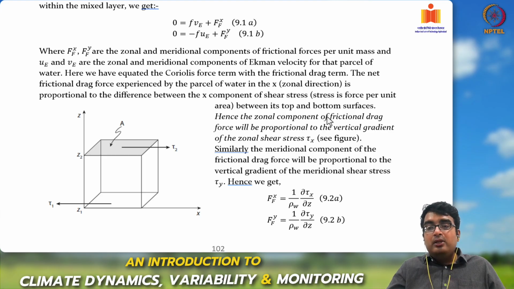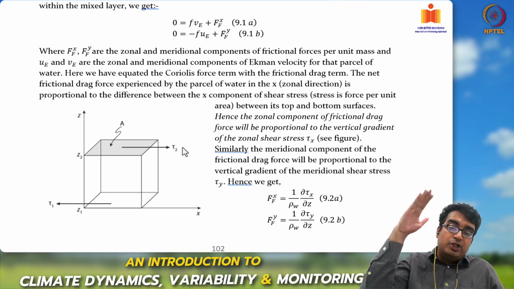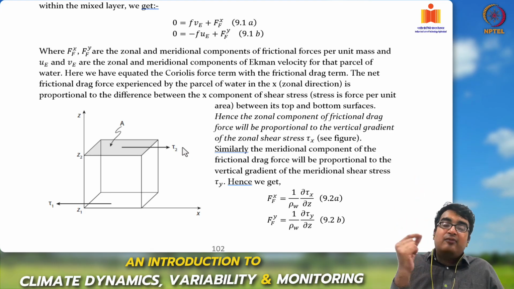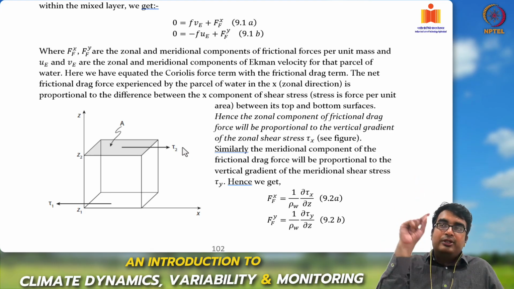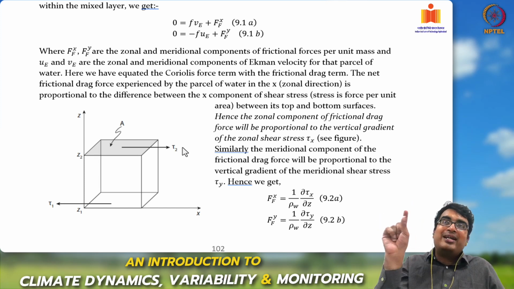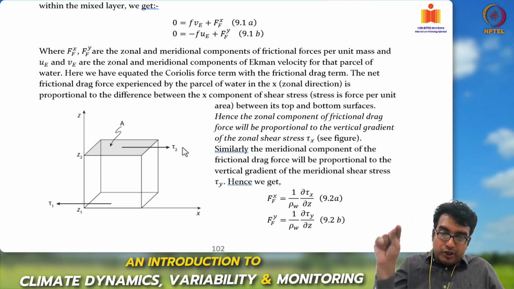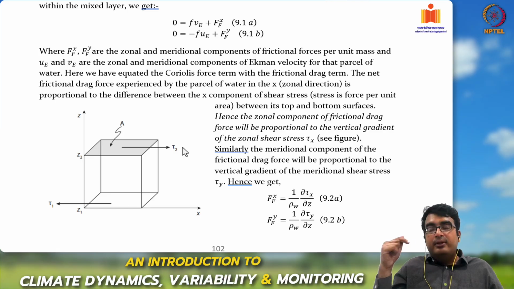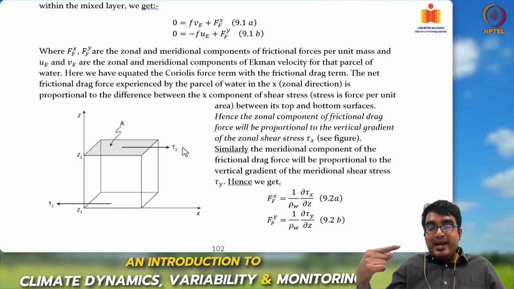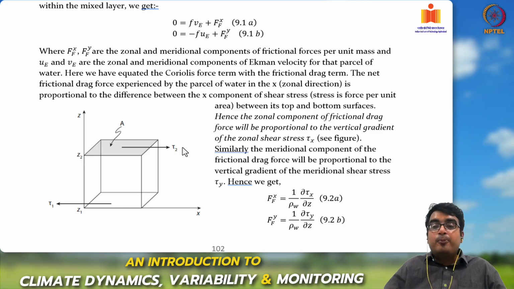Hence, the zonal component of the frictional drag force is proportional to the vertical gradient of the zonal shear stress tau x. So, the zonal shear stress tau x will have a vertical component. So, del tau x del z, the vertical gradient, how the shear stress is decreasing with depth. That gradient is going to be proportional to the frictional drag force.